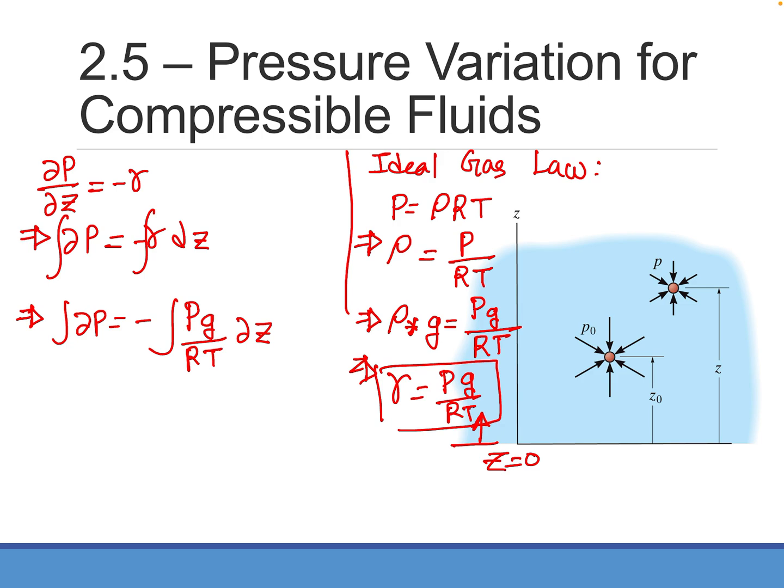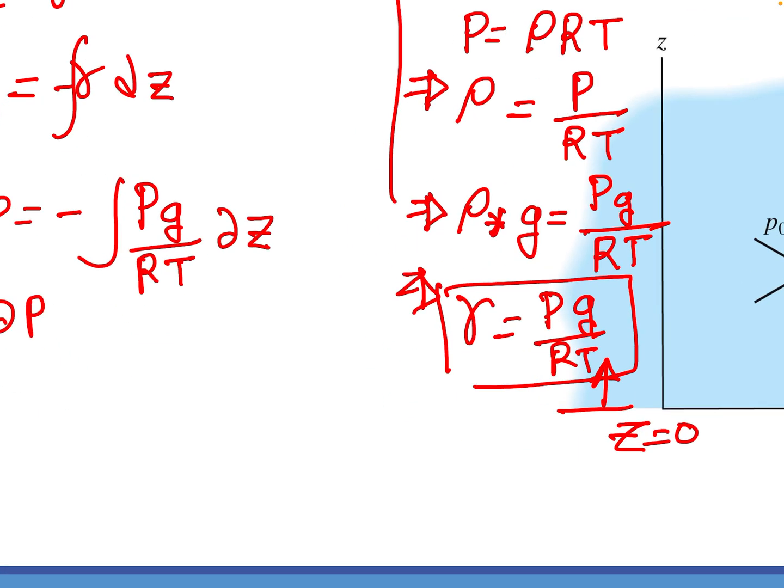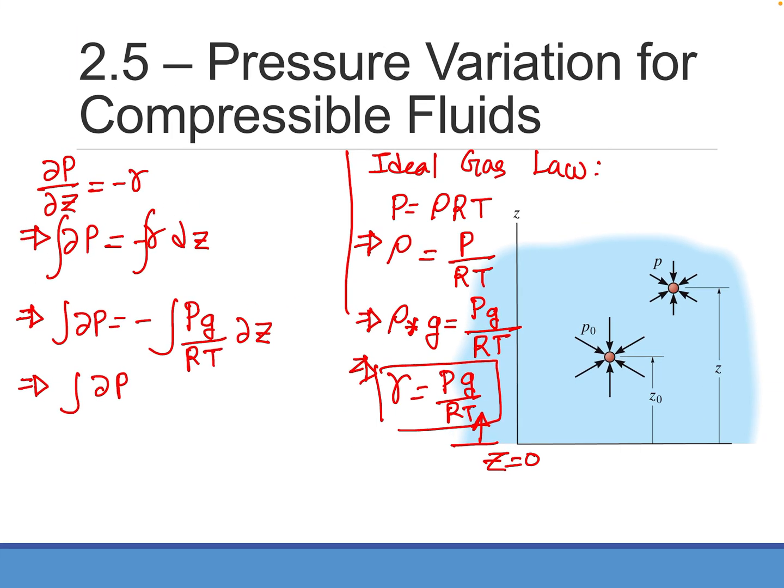And g is constant also, R is the ideal gas constant, so R is constant for each gas also. So we can just rearrange this equation. Since P appears on both sides, I will bring both P on the same side.